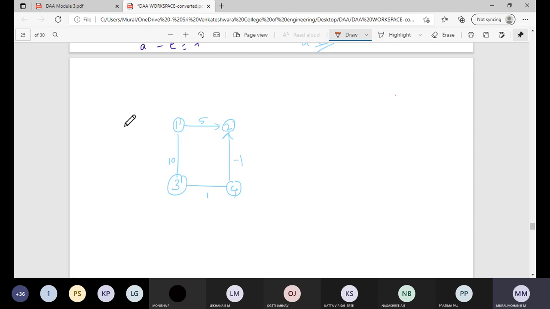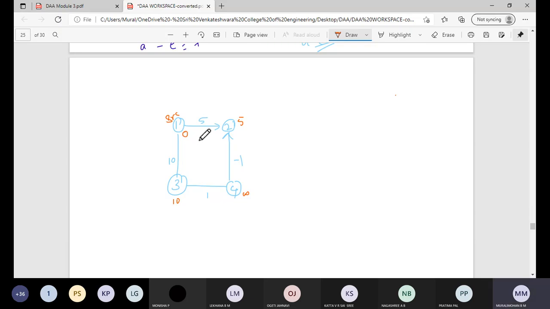Let us take this 1 as the source vertex. So the distances are 0, here it is 10, here it is 5, and here it is infinity, right? Yes or no? Now, which one will I select here?